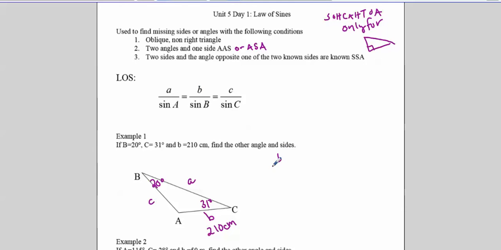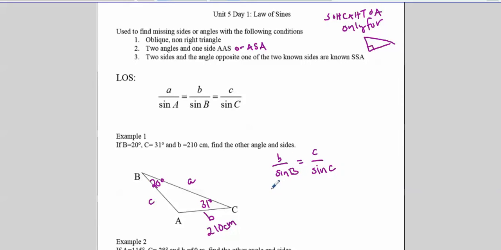So I'm going to do B over sine B. The other piece of information I have is angle C, so I can use angle C to find side C. So I'm going to do equals C over sine C. Now we'll put some numbers in.